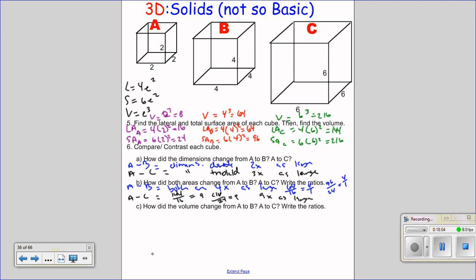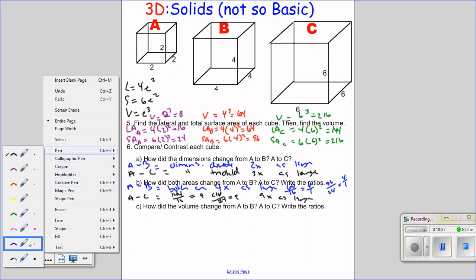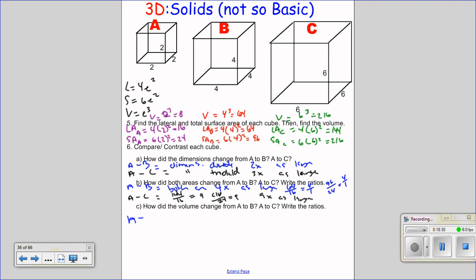Now C is asking for the volume from A to B and A to C, write the ratios. So volume for cube A was 8, volume for cube B was 64. So that looks like it's 8 times as large. So 64 divided by 8 is 8 over 1.